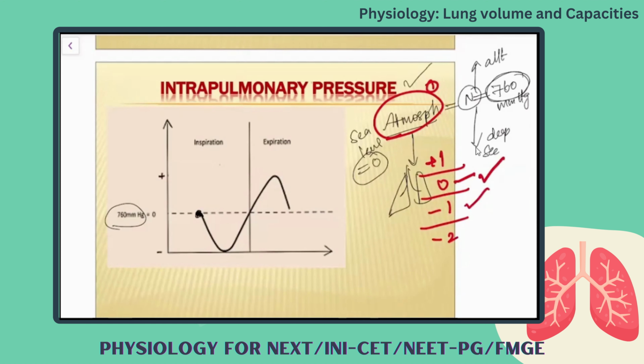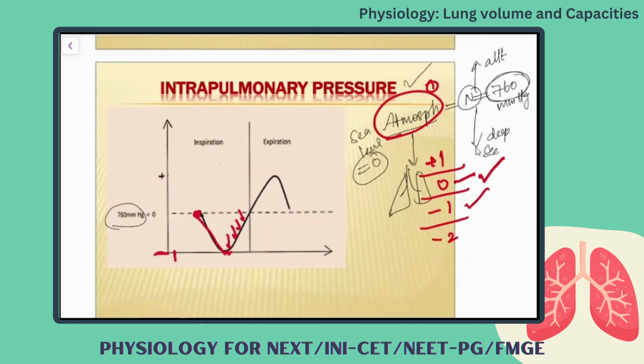How it is happening is, at the beginning of inspiration the condition is 0 level. Once the air goes inside the lungs, the intra-alveolar pressure will become -1. So this makes more and more air move into the lungs.